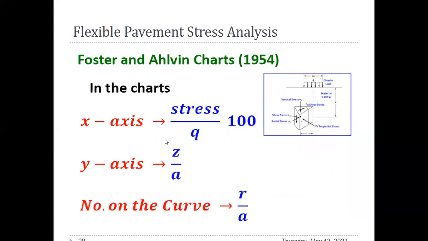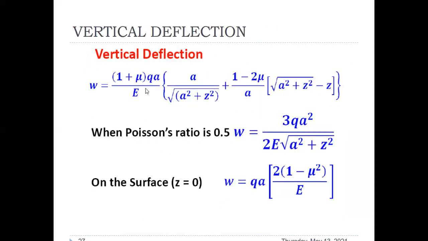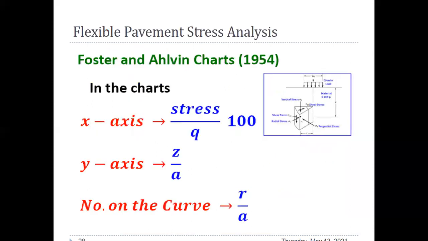As you can see, using these equations is sometimes very tedious. So, Foster and Allen in 1954 developed simple charts so that you can calculate the stresses directly using this chart.